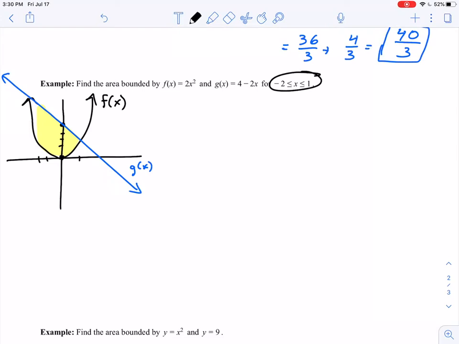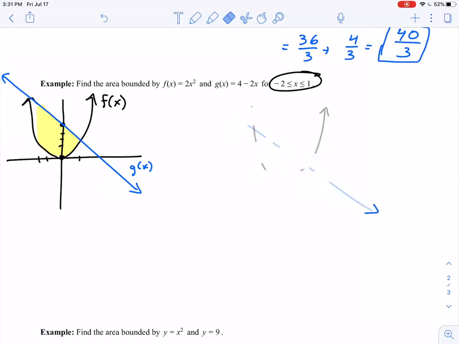I'm going to draw a different picture. In this case, I would have some of my area right here, but then I would also have some of my area right here, in which case my upper and my lower function flip. So I need to make sure that the intersection is either at 1 or outside of 1.